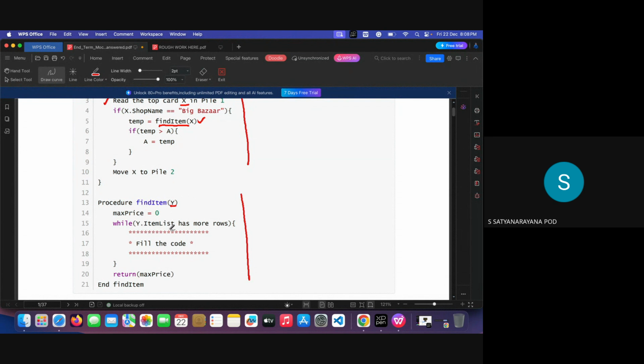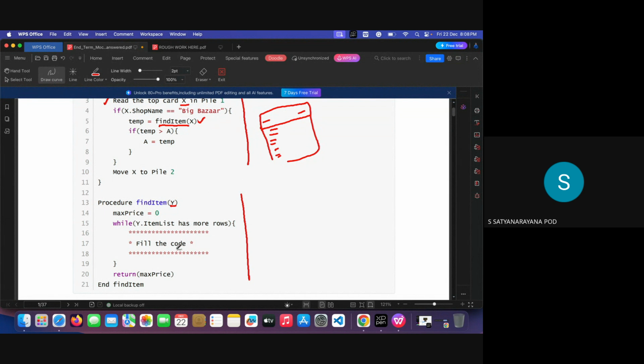While the item list has more items, because one bill contains a list of items. You find the bill like this: at the top left and right corner, you can find the customer name and shop name. The rest of the things are items. Whenever this items list is available, it is going to visit each item in the items list.